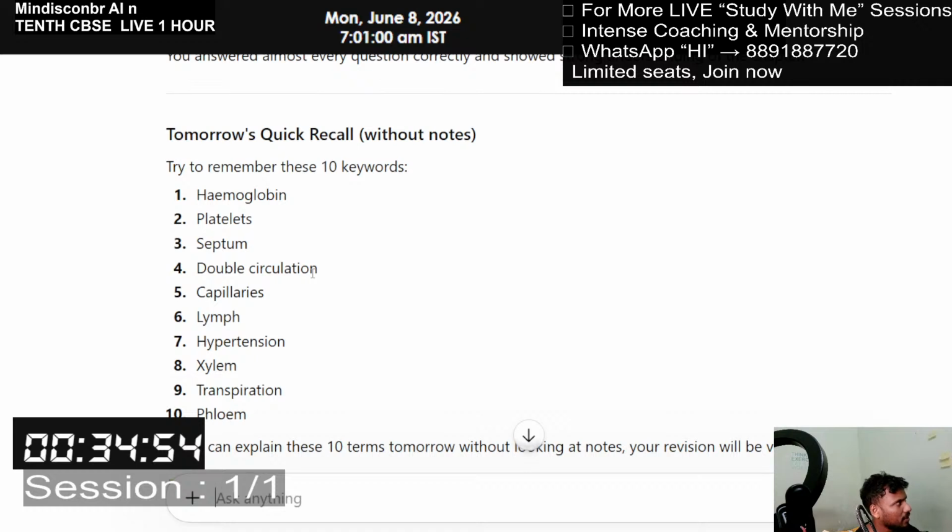Xylem helps in the transport of water in the plant, in a tree. Transpiration, the loss of water from the aerial parts of a plant through stomata.